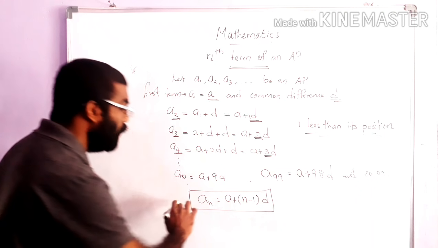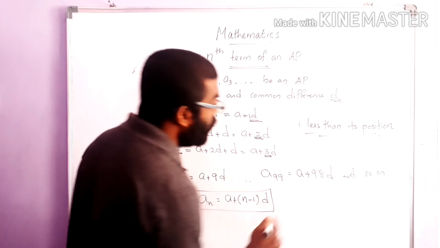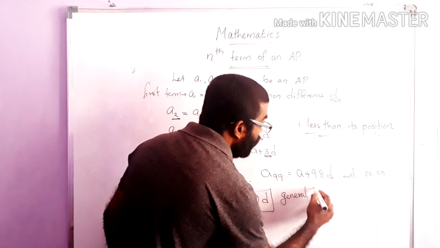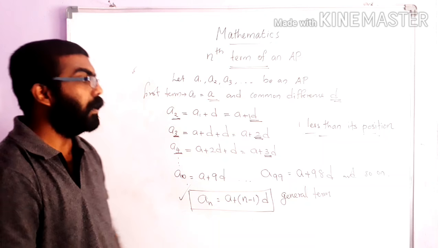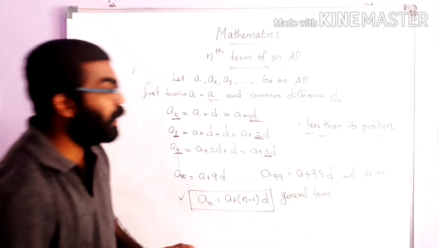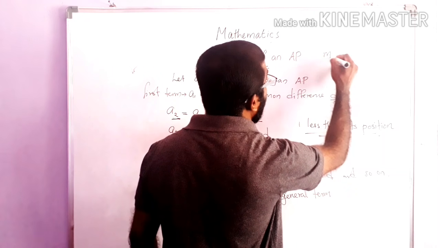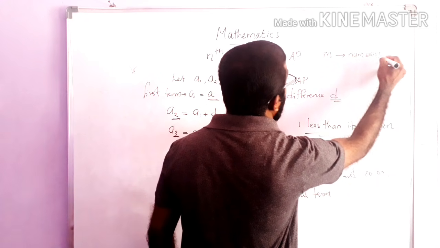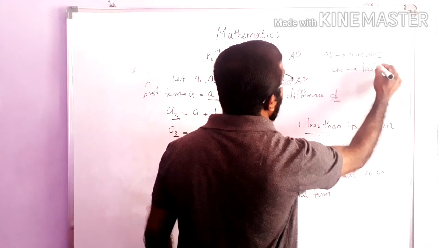It's a very important formula that we have to learn by heart. The nth term of an AP is sometimes also called the general term of an AP. And one more thing: if an AP consists of m numbers or m elements, then Am will be the last term.